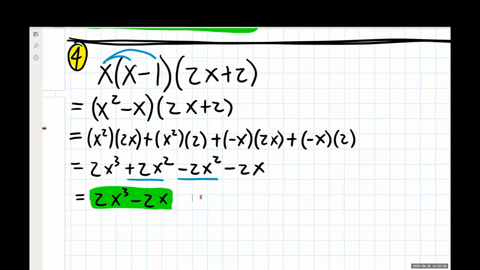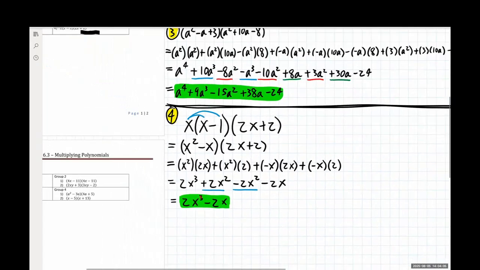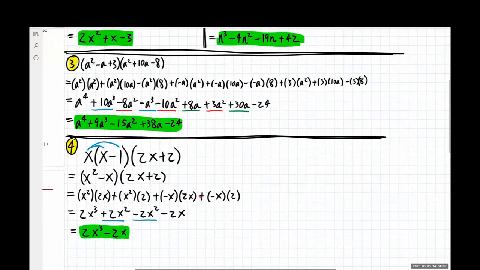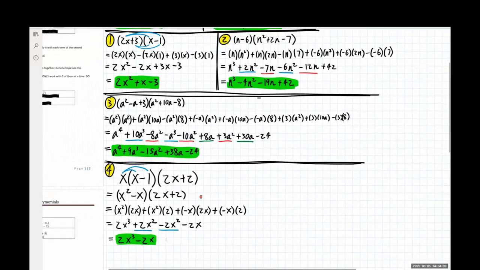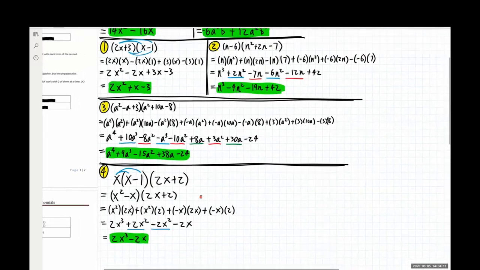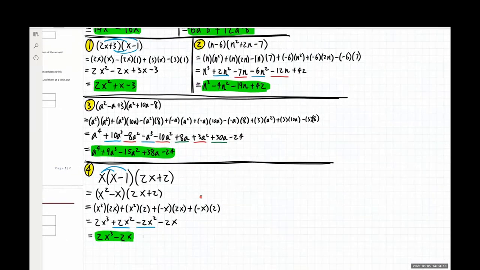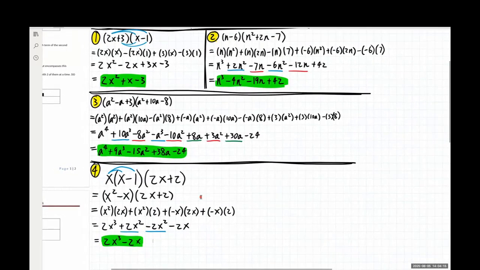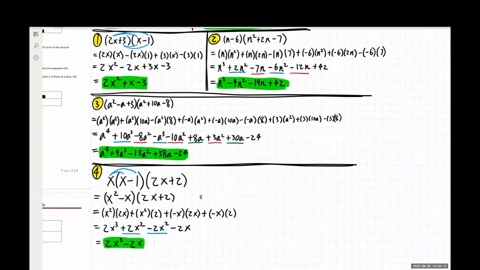Okay, so this is our last example for the 6.3 material with multiplying polynomials. I know I'm not going to be able to get all of it in. Well, actually, maybe I can. These are our four main examples. I would say these are the ones you want to spend some extra time with.